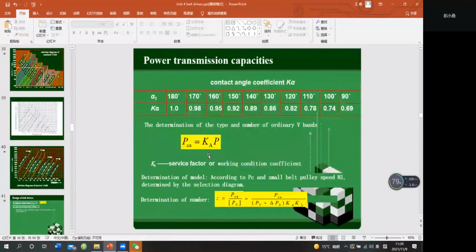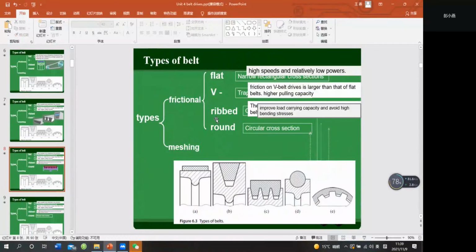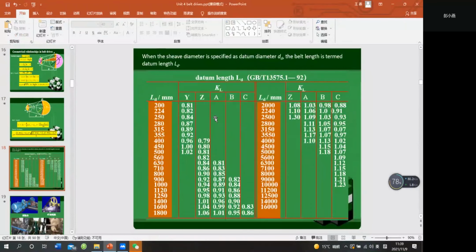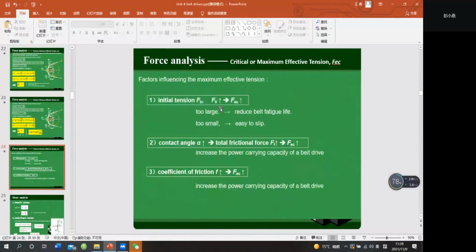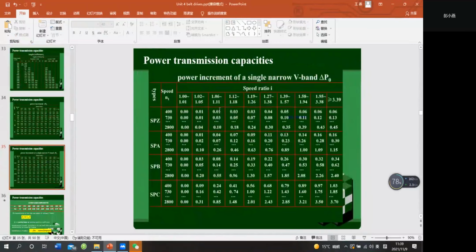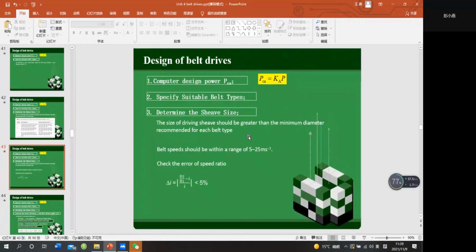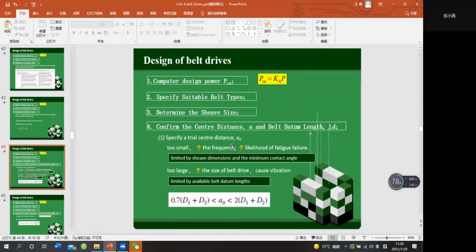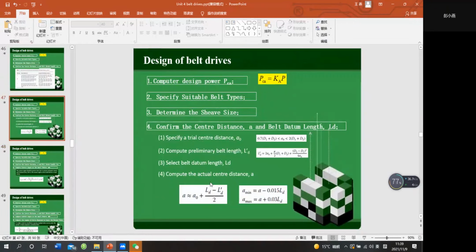So you should master the types of belt, and master the force analysis and the strength analysis of the belt, and you should focus on the design of belt drives, and you should know how to select the parameter values from tables, and how to check your selection.